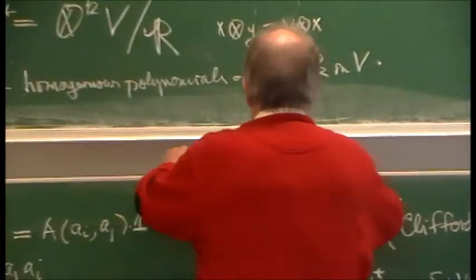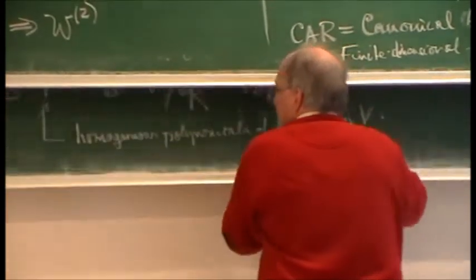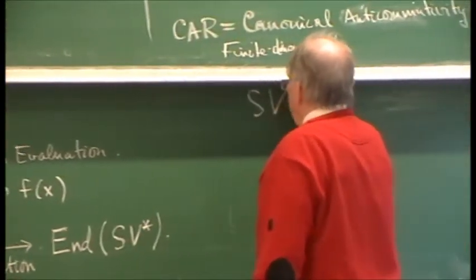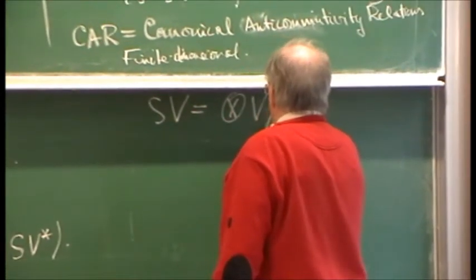Well, you can do the full thing. We'll get this out of the way, so let's do the full thing. SV, this is the full tensor algebra modulo this relation.